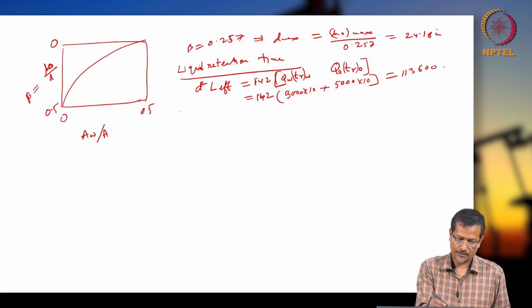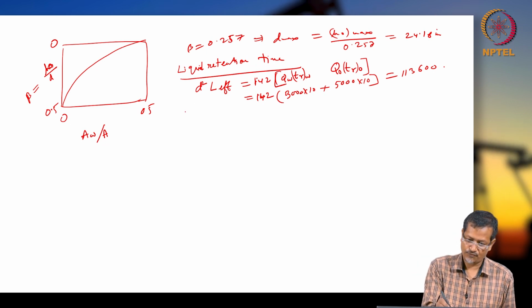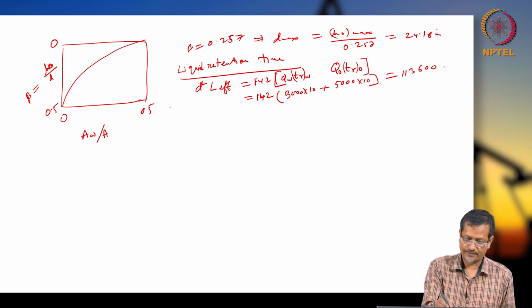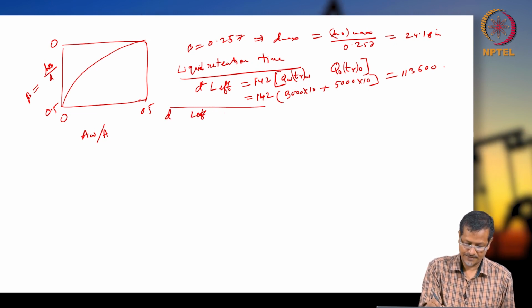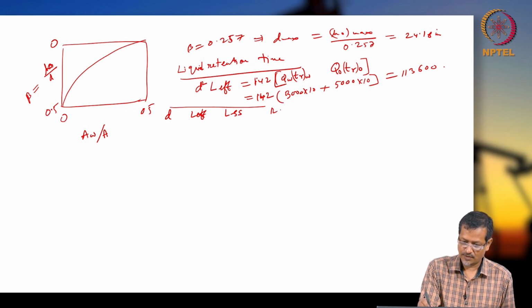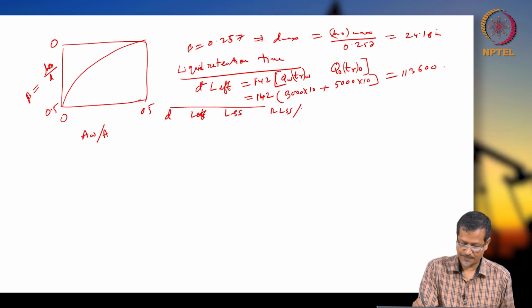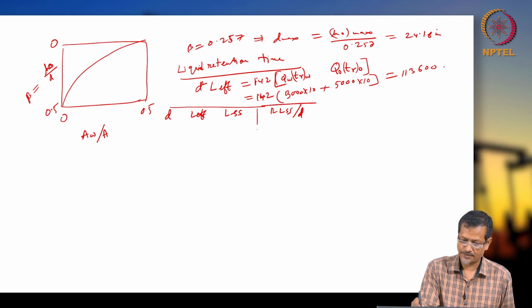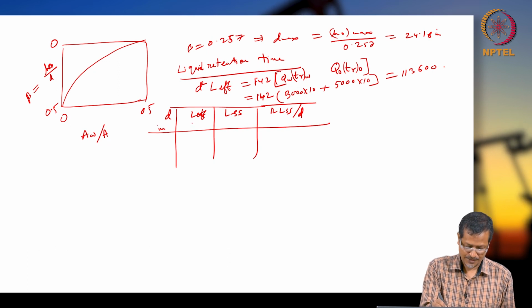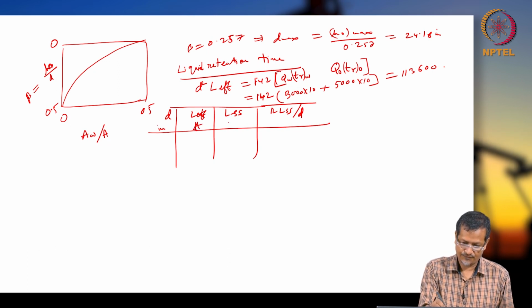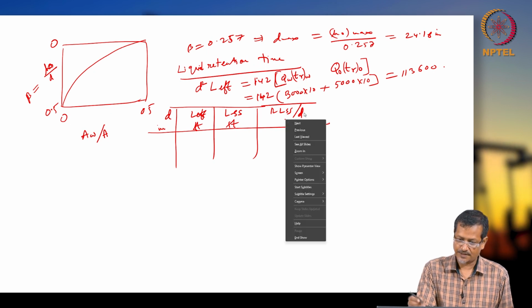Now the complete combination of D, LEFF, D effective length, LSS, 12 LSS by D. Okay, this table you have to prepare, and you have to check units also. This is inch, this is feet, this is also feet, this is a ratio.